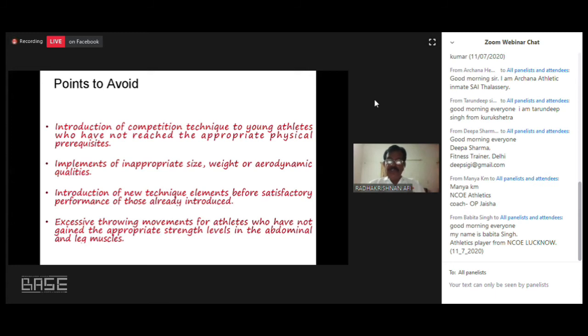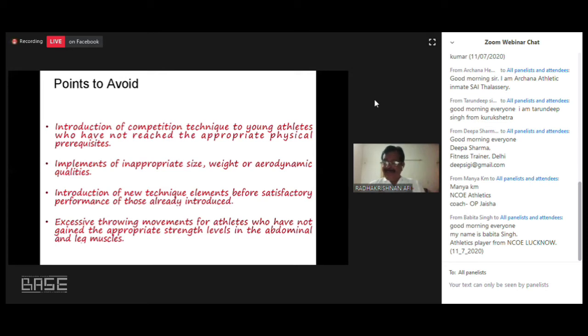Avoid excessive throwing movements for athletes who have not gained the appropriate strength level in the abdominal and leg muscles. You know, the abdomen is the transformer for transferring the power from the lower extremity to the upper extremity. That is why everyone now is concentrating on developing core strength.